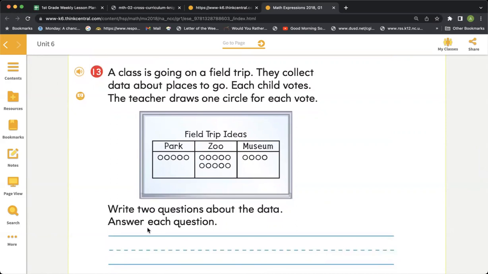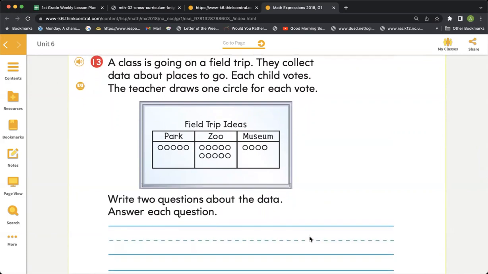Now, if you remember, about a week ago, we did a problem like this. It says, write 2 questions about the data. Remember, first graders, there's 7 different questions you can ask. Okay? So remember, questions start with a who, which, what.